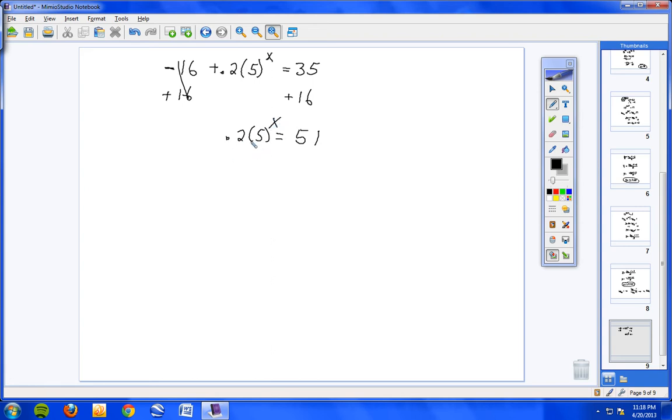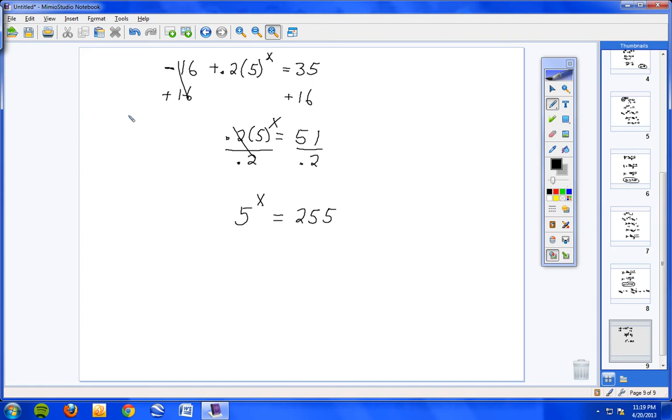So now how do we get rid of the 0.2? Well, they're multiplying, 0.2 times 5, so we divide by 0.2 and we divide by 0.2. So these cancel, and now you're left with 5 to the x power equals, let me type this into my calculator real quick, 51 divided by 0.2, and we get 255. Are we okay with that?